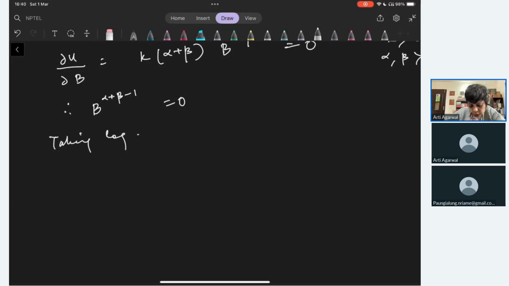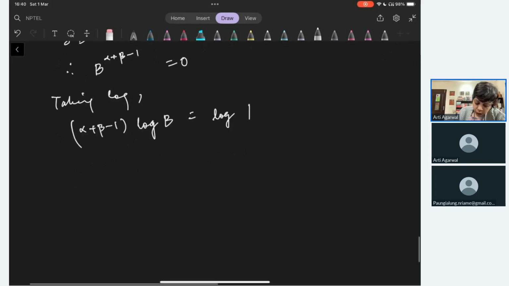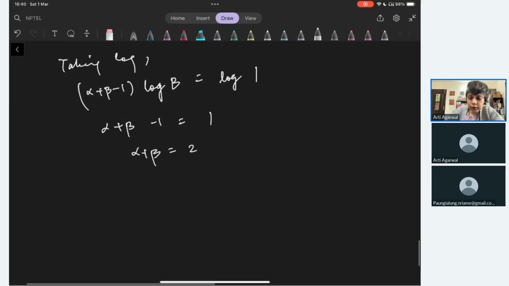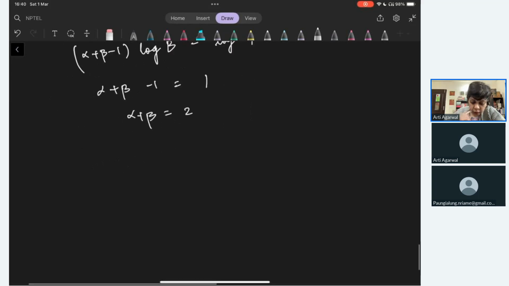You can say alpha plus beta minus 1 times log B is equal to 0, which is log 1, right? So what we can say is alpha plus beta minus 1 is equal to 1, which means alpha plus beta is equal to 2, which is a condition on the parameters.